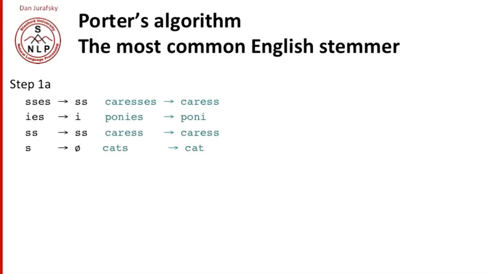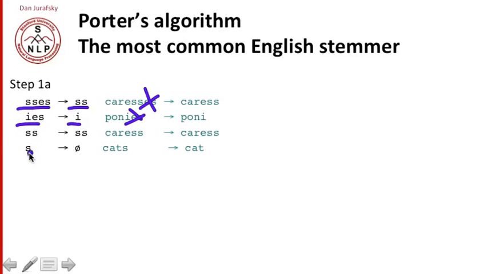So, for example, one set of rules, rule step 1A, takes strings like SSES and replaces them with SS. So in a word like caresses, it chops off the ES of caresses. Or a rule that takes IES to I chops off the IES of ponies and leaves poni. We're going to use poni with an I as a representation in Porter stemming of pony.